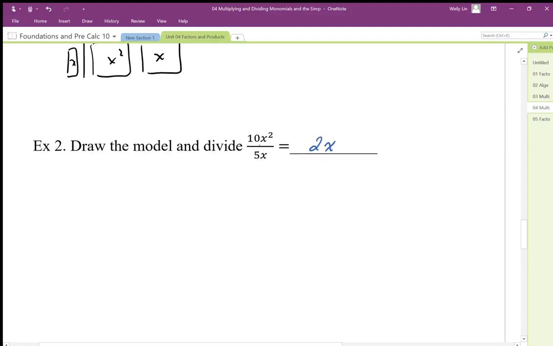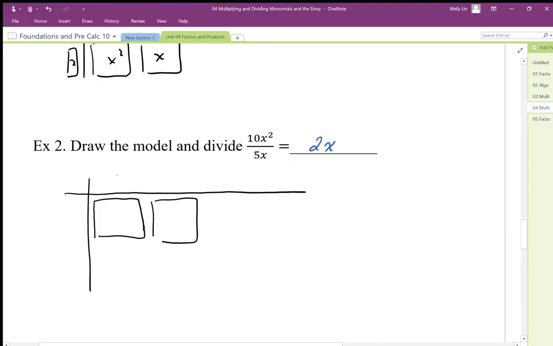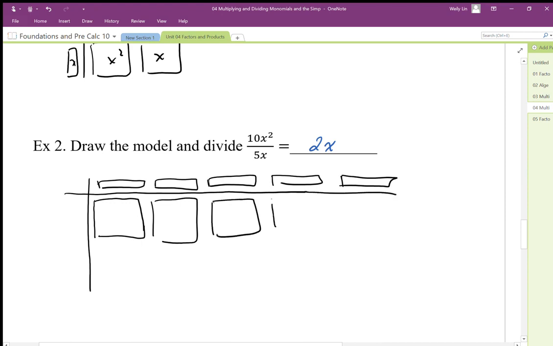If we were to draw the picture of this, the area is 10x squareds. And we know that we have 5x along one edge. So we're going to have 5x's along one edge. And I need to be able to fit the 10x squareds in groups of 5.